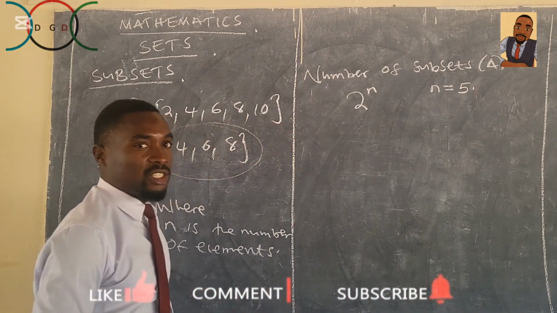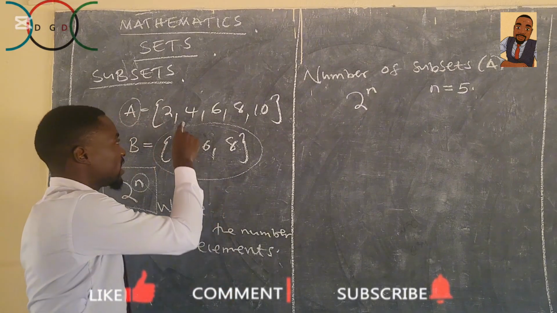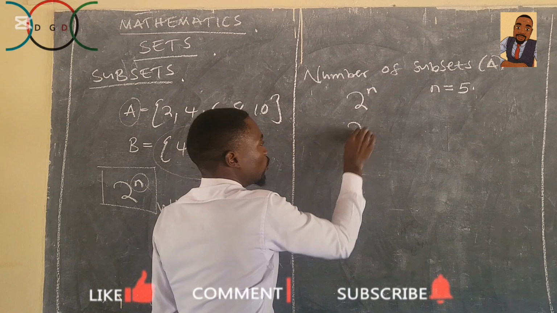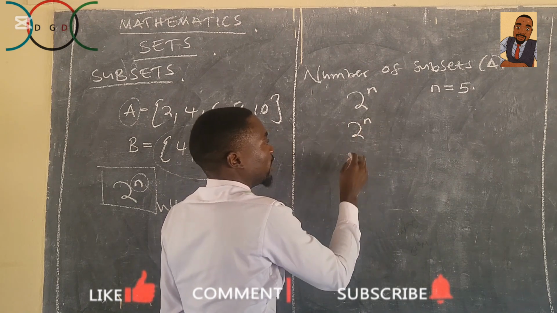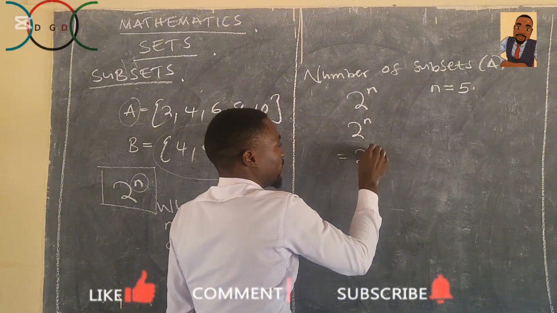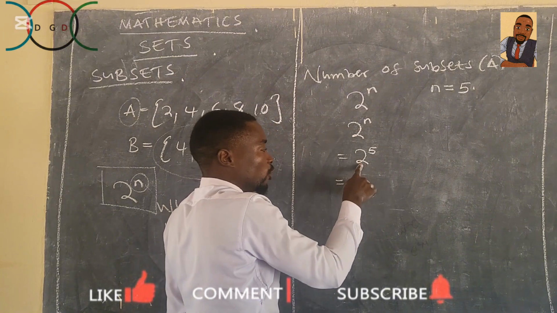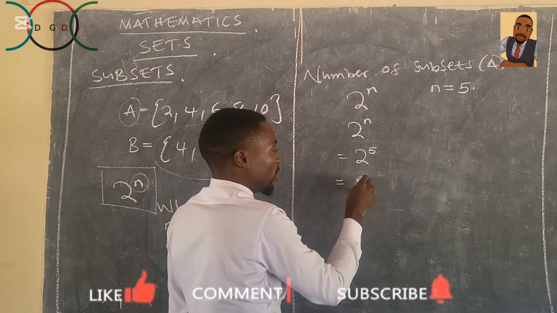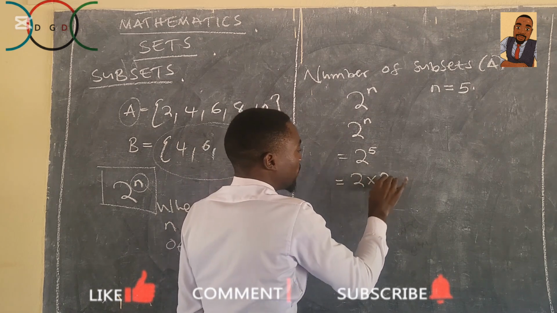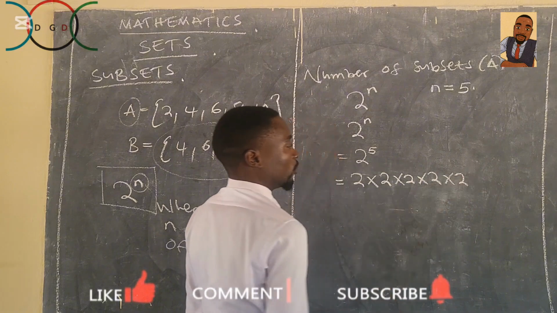So in order for us to determine the number of subsets that are present in the set A, we are going to say this is 2 to the power n. Then this n is equivalent to what? 5. So this simply means we are multiplying 2 by itself 5 times, where we are going to say 2 multiplied by 2 by 2 by 2 again by 2.